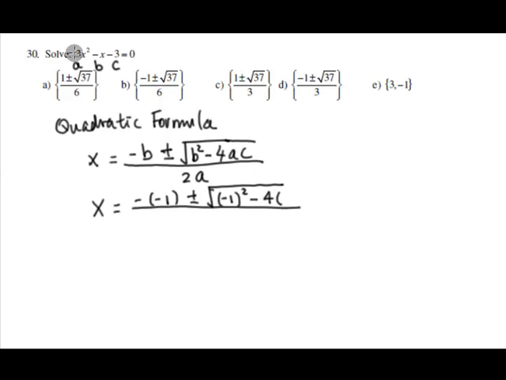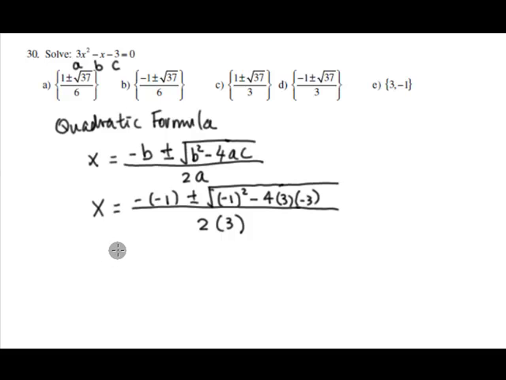So a is 3, the coefficient of the x squared. c is the constant term including the sign, which is negative 3. Now for my denominator, I have to go 2 times a, so it's 2 times 3, because again, my a is the coefficient of the x squared, which is 3. So we already plugged it into the quadratic formula.